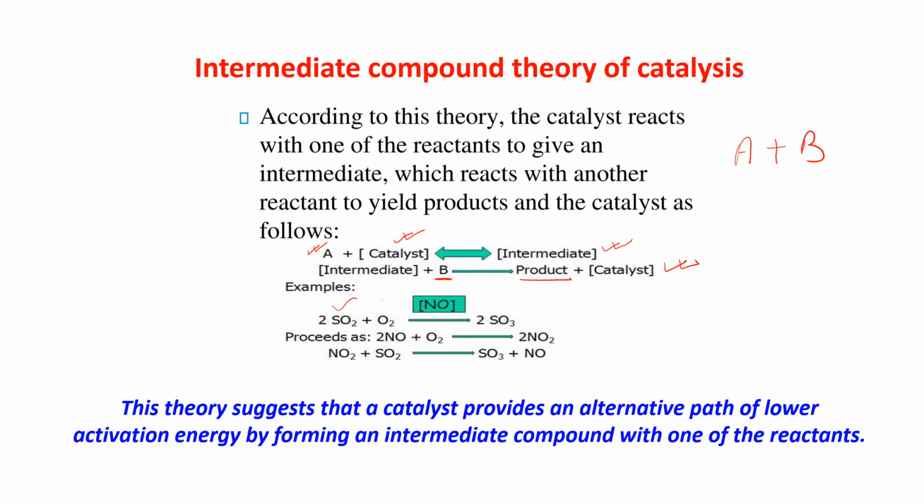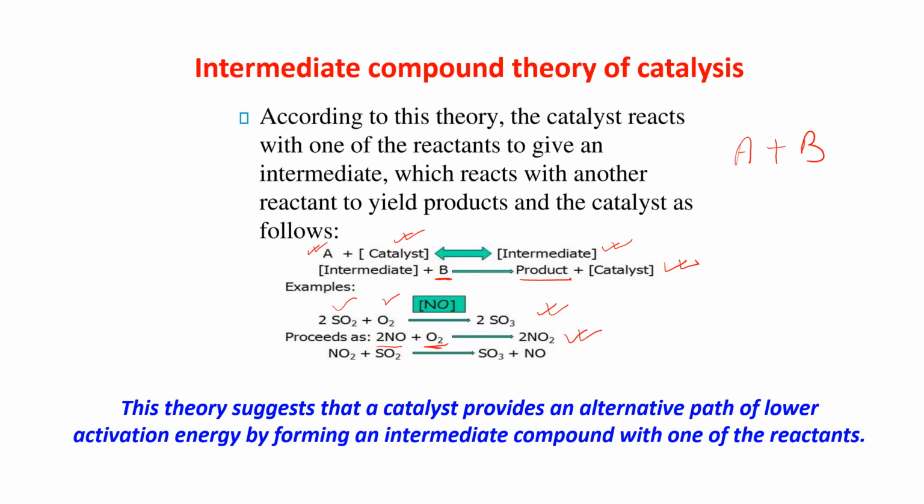Just see this example. SO2, when reacting with O2 in presence of NO as catalyst, is producing SO3. First of all, in the first step, what is happening? This catalyst NO is reacting with O2 and it is giving you NO2.